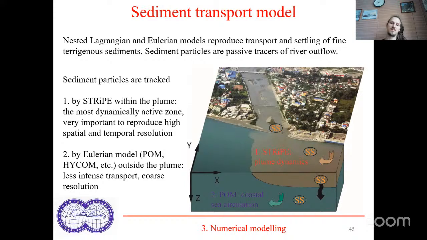And once sediments are inside the plume, they are governed by plume dynamics. Once they settle beneath the plume and get into the ambient sea water, they are governed by coastal sea circulation.